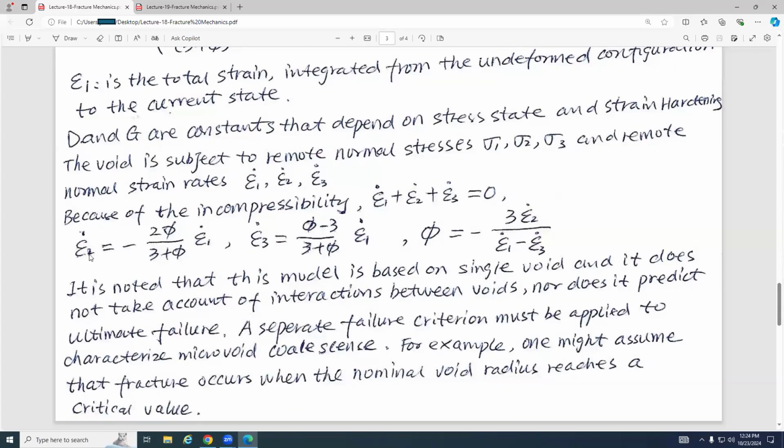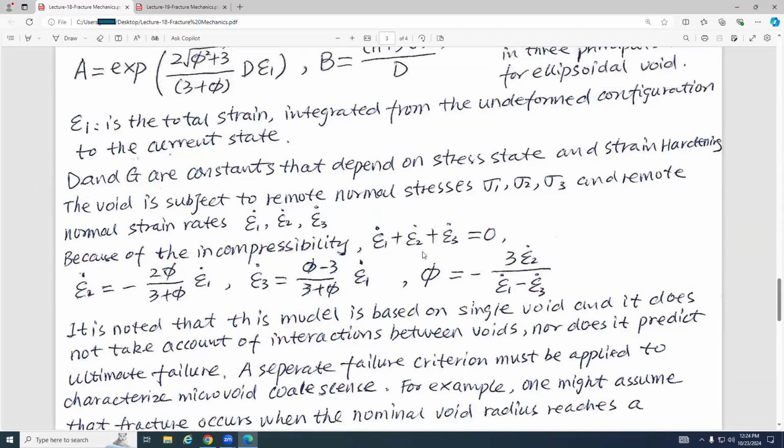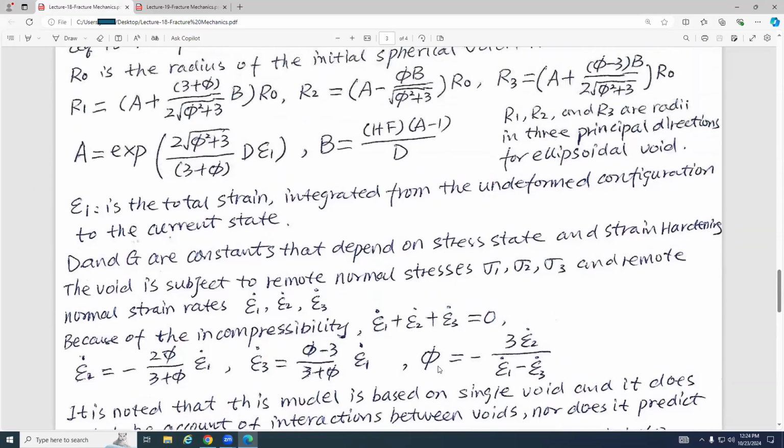So you can see epsilon 2 dot is related to epsilon 1 dot, and epsilon 3 dot is also related to epsilon 1 dot. And what is the phi, guys? This is the phi, okay? And this is how we calculate this phi.